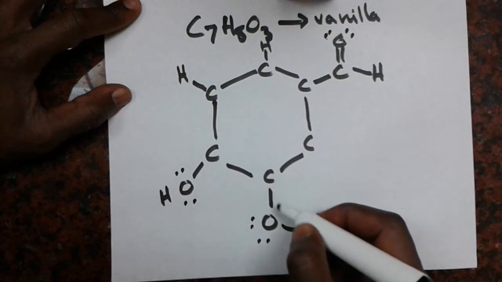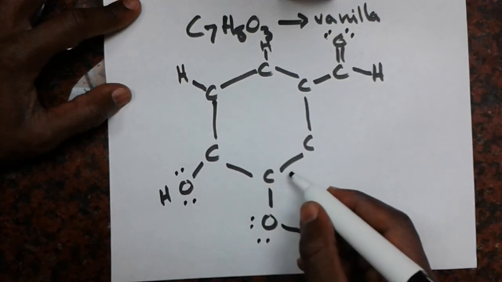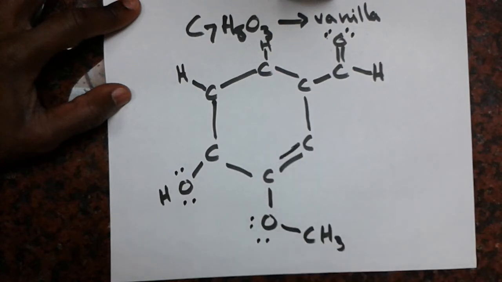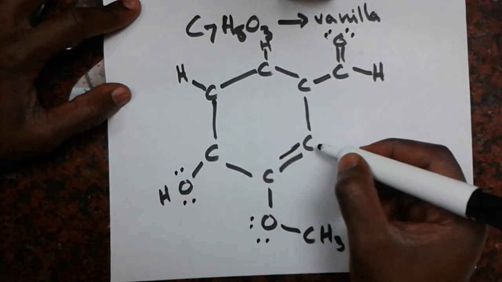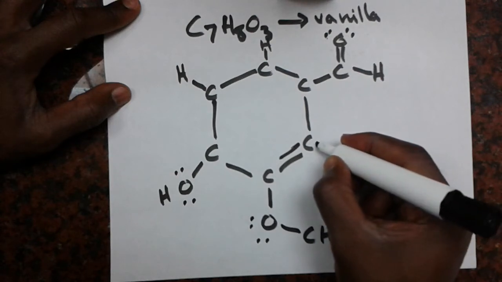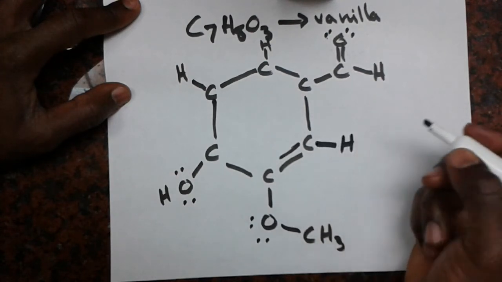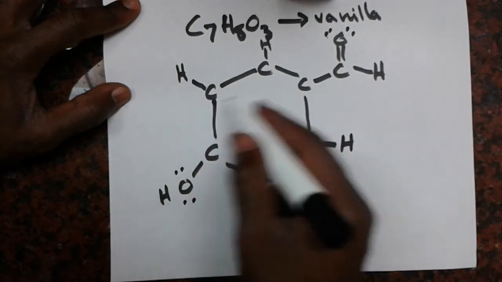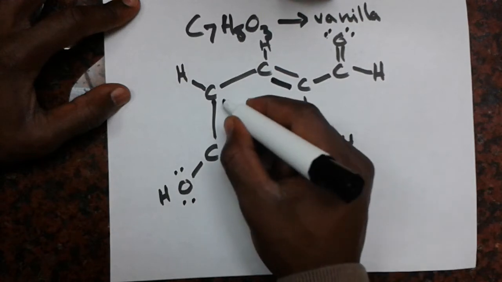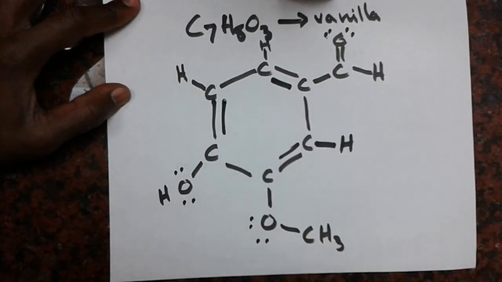This carbon is only bound to 3 other atoms, so we need an extra bond here. This carbon needs to have another bond, so it's going to have an extension with hydrogen, just like these. This carbon needs a second bond, and this carbon needs an additional bond.